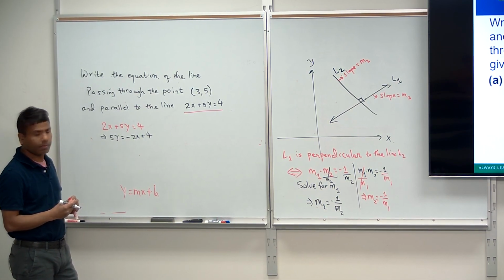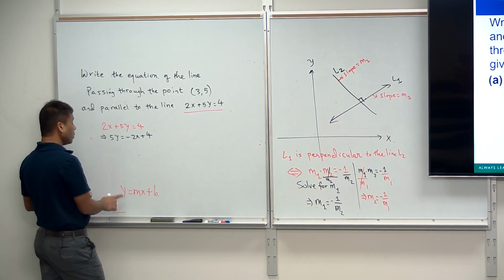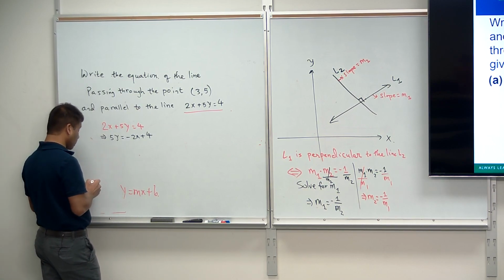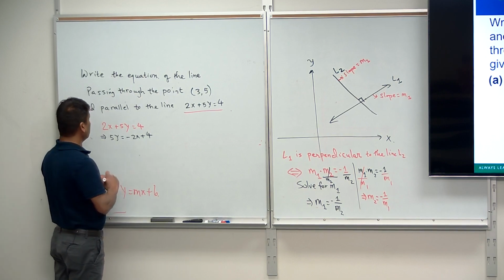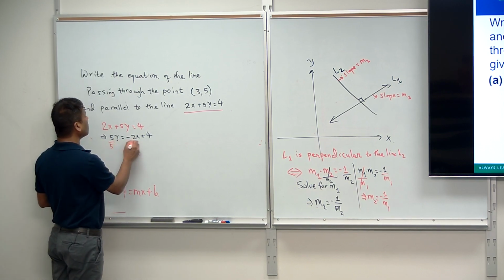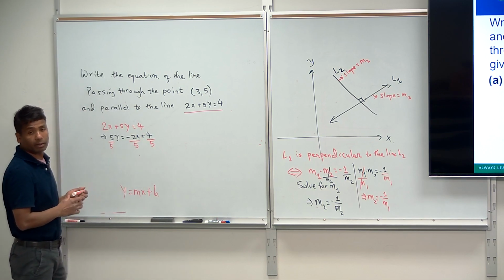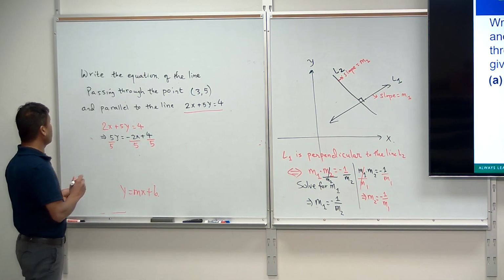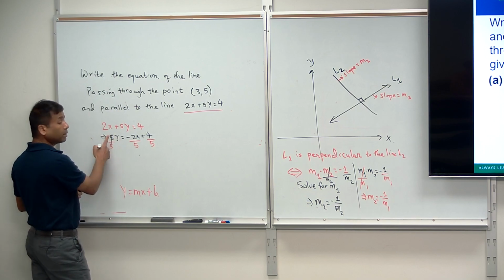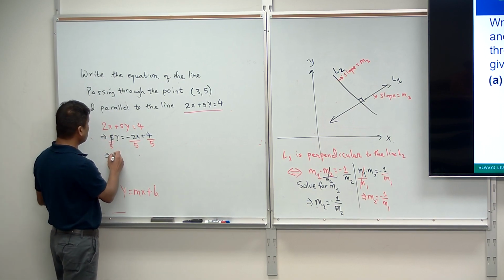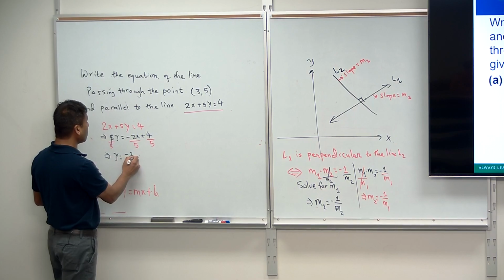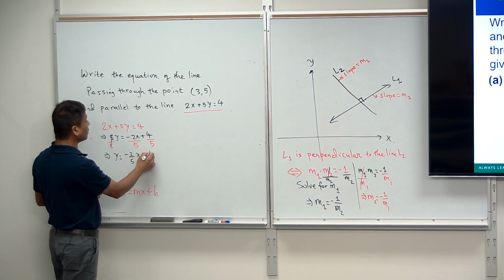Make sense? Now we need only y here, so you divide both sides by 5. You cross out the 5 on the numerator and the 5 on the denominator. So y equals negative 2 over 5 x plus 4 over 5.